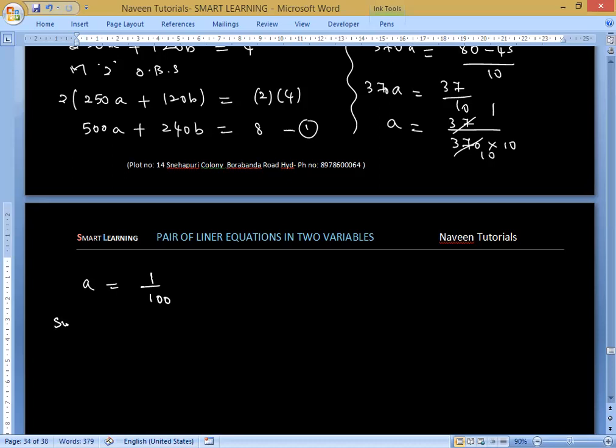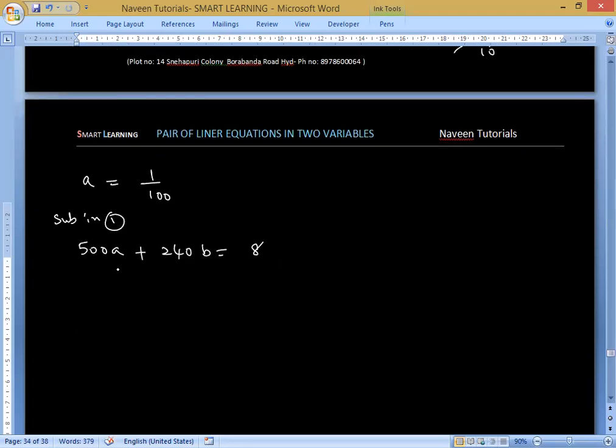Now I'll substitute this in the first equation, 500A plus 240B is equal to 8. Substituting A is 1 by 100: 500 into 1 by 100 plus 240B is equal to 8. 100 ones are 100, 100 fives are 500, so 5 plus 240B is equal to 8.